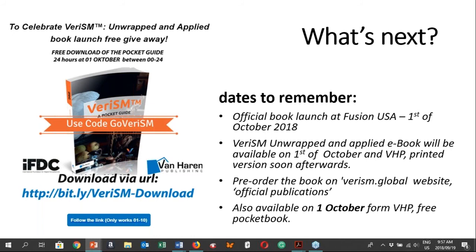Just go to the VeriSM.global website. You can see the tab with the official publications, and you can start ordering. In case you would like to know a bit more about the content already, also go to the website and you can see a news item there with the table of contents. So you can already see what is in the 450 pages, more or less.